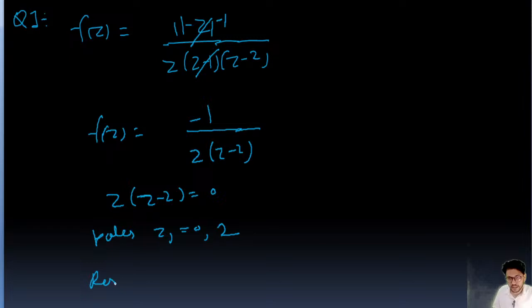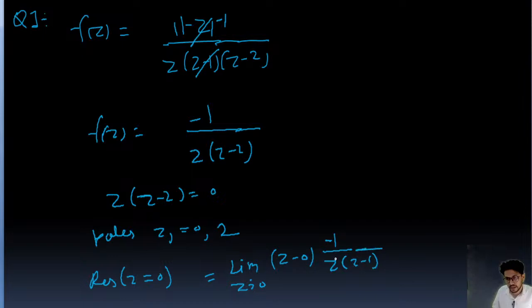Now the residue at z equal to 0 is going to be the limit as z tends to 0 of (z minus 0) into f(z), minus 1 upon z into (z minus 2). z will get cancelled and we'll put z equal to 0.